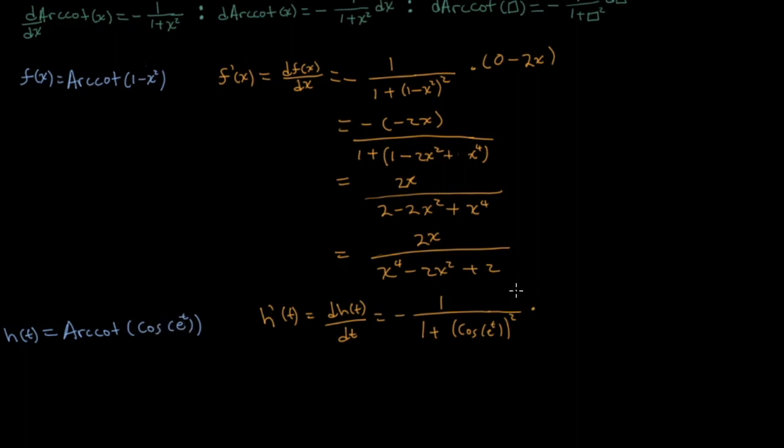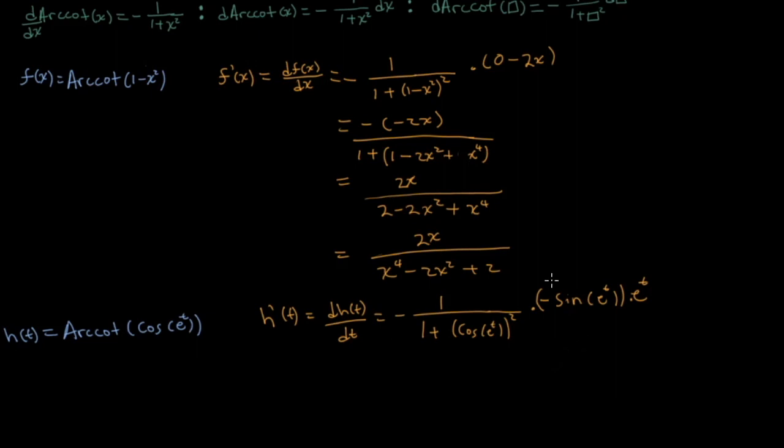So times the derivative of a cos is a negative sine, so negative sine. And what we're going to be doing here is using our chain rule. Sine of e to the power of t times the derivative of e to the t, which is just e to the t. Okay, so that's the first step there.